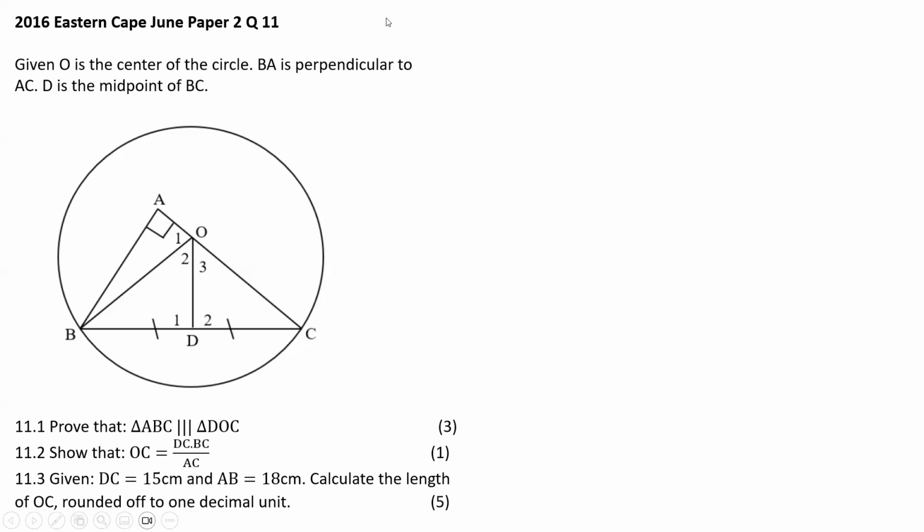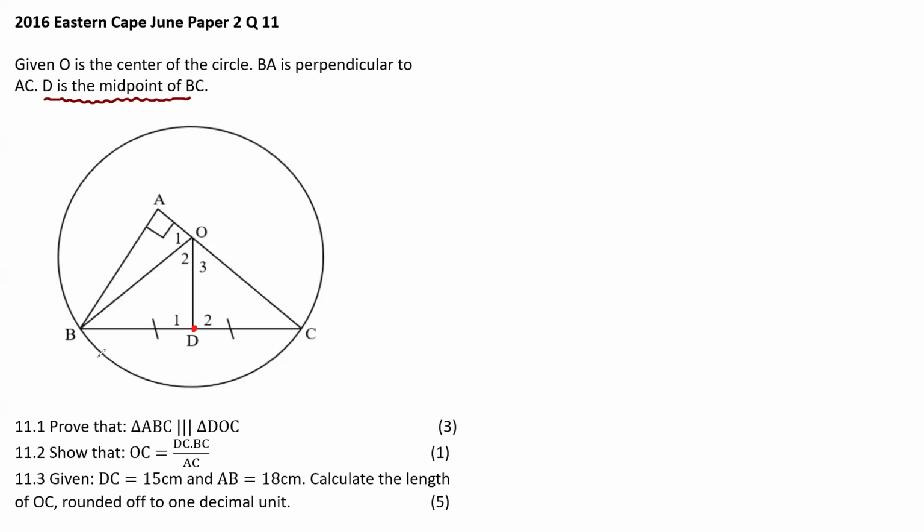What is important in every question is to be able to look at the keywords from the context of the diagram. D is a midpoint of BC. I've got a circle, I've got a center.